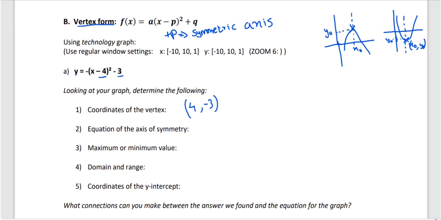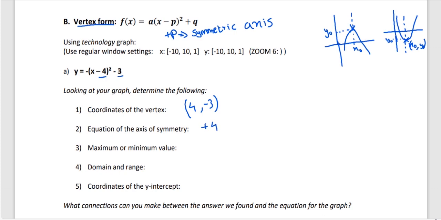So here, since this is -4, we don't need to care about the sign in front of this bracket. So the equation of the axis of symmetry is x = +4.